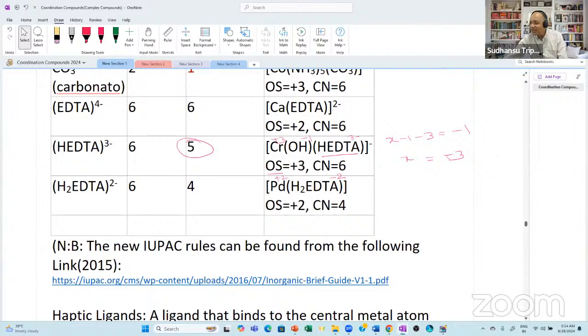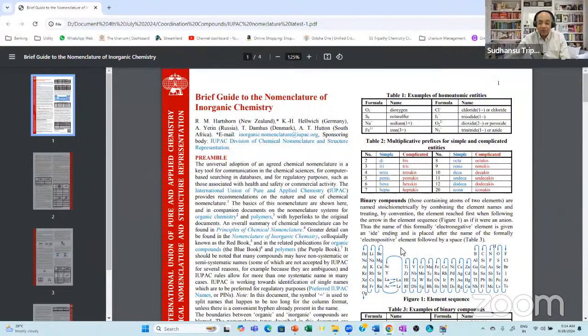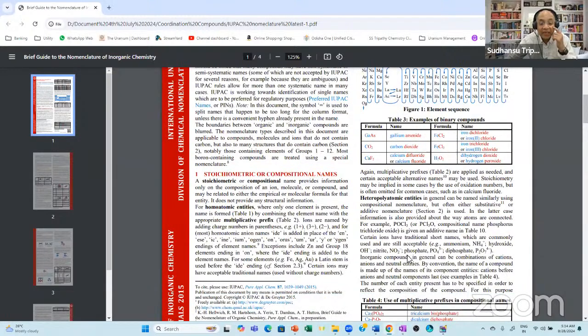I would like to share the red book, and I will share that file with you, the red book directly from IUPAC. This is called the red book of IUPAC, where categorically from 2015 the change has happened.